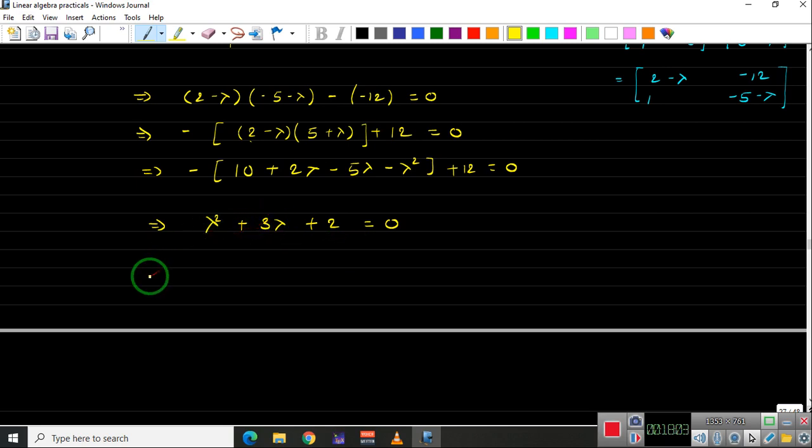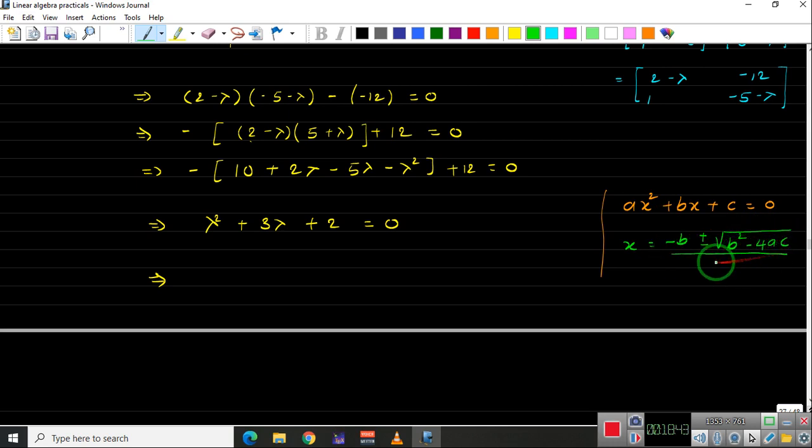For this you can use the quadratic formula, which is given by, let me tell you for your information. If we have ax square plus bx plus c equals 0 as a quadratic equation, then the roots are given by, and we will have two roots because it's a second degree equation, minus b plus or minus square root of b square minus 4ac, divided by 2a.